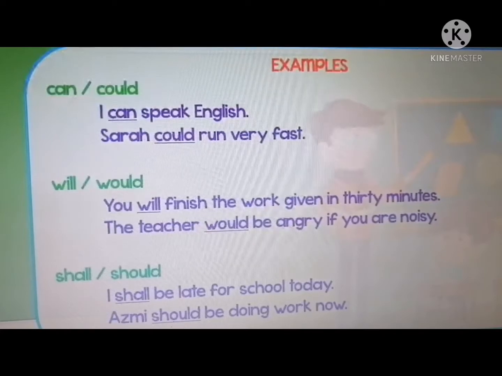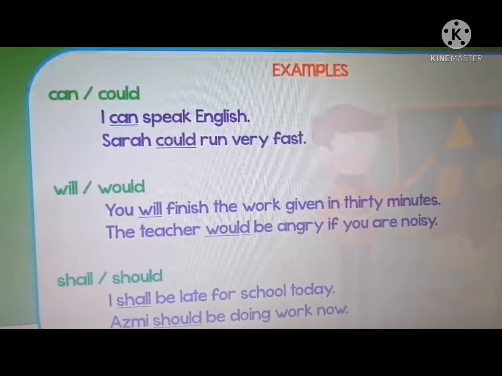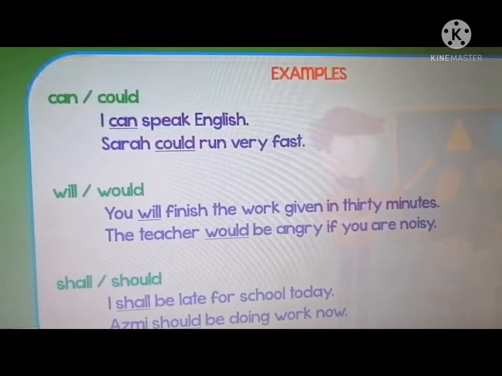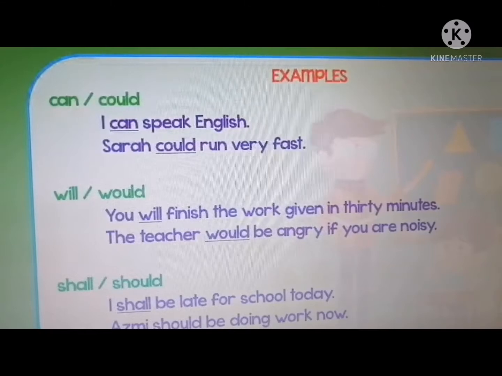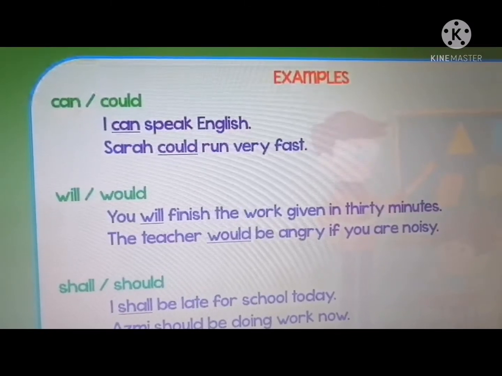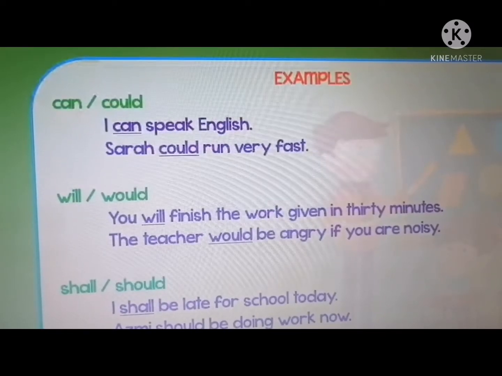So, if you use the modal verb only without an action verb, it would be something like this. I can English. That doesn't make sense.